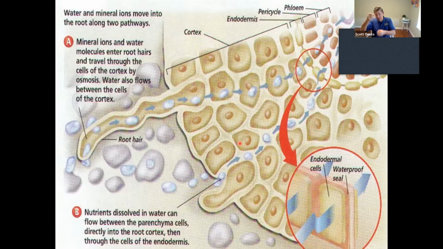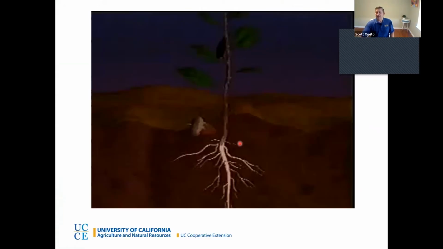So we have very, very small pipes that are going up the plant that are drawing this water from one reservoir of water that's in the soil up into the top of the plants. So let's show this little video that describes that process.